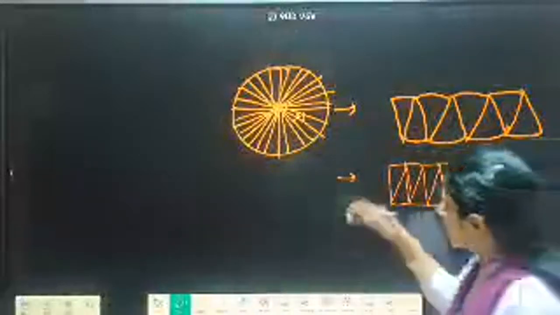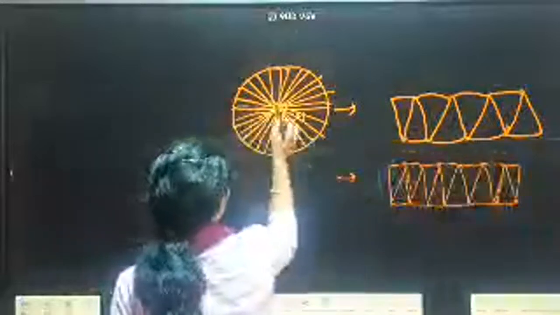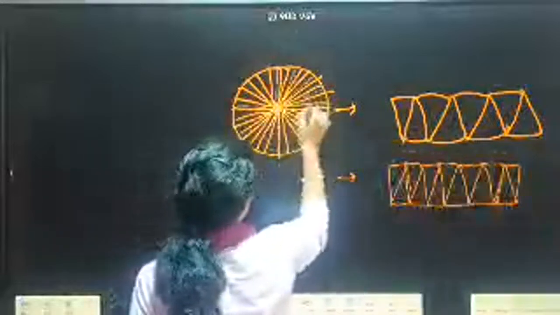And further you have to divide your circle into finer and finer sectors. After dividing, arrange in the same way.